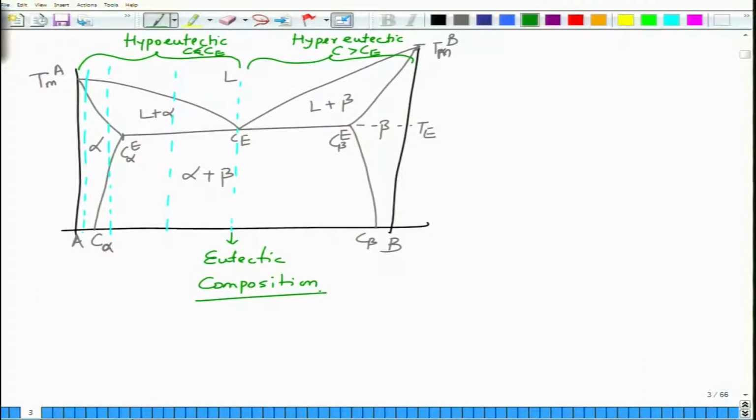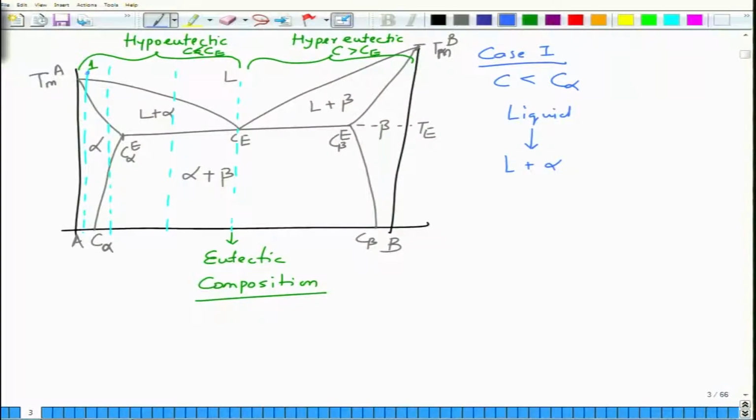So, we first looked at scenario 1. So, in case 1, when the composition C of the alloy is lower than C alpha, which is this point. So, at this point what happens is that the alloy goes from liquid state to liquid plus alpha.